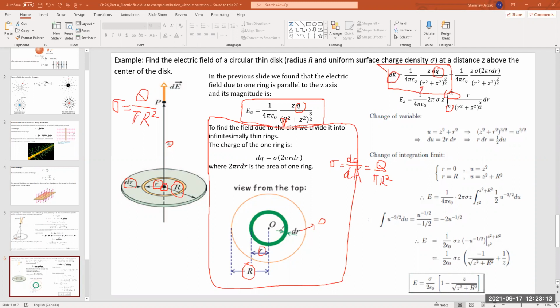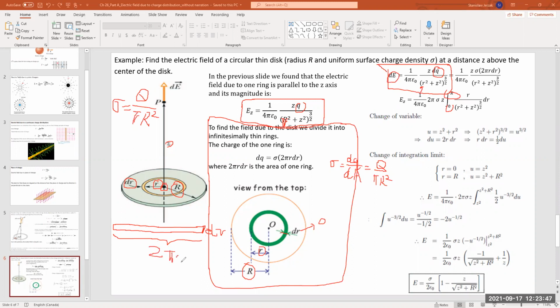Look, if you take the scissors and cut that ring and make it straight, when you straighten it, you will get a rectangular area, a very long, little rectangle, for which the width is dr, and the length of that strip will be the circumference of that ring, which is 2 pi r.